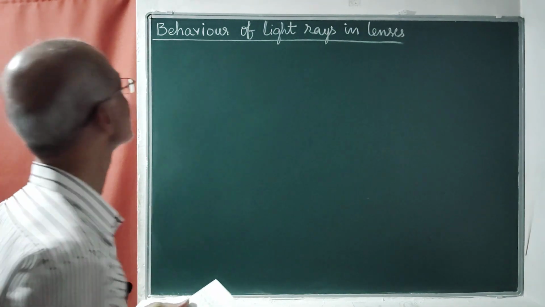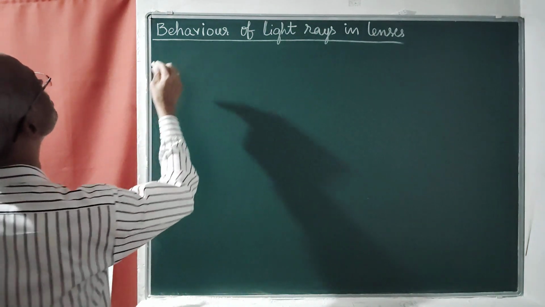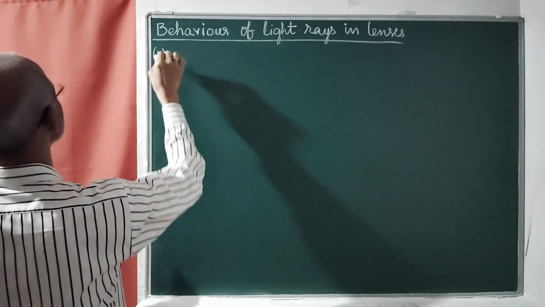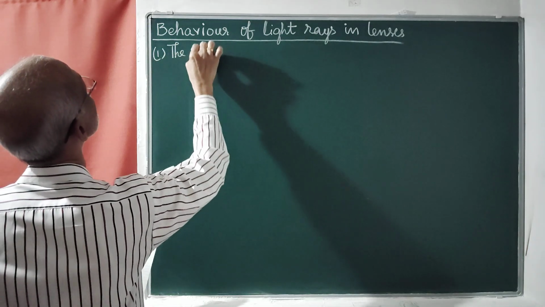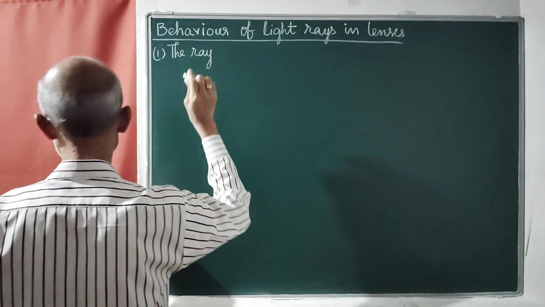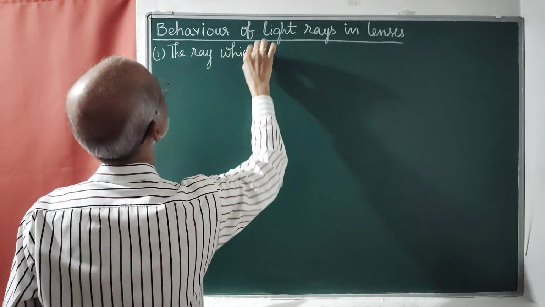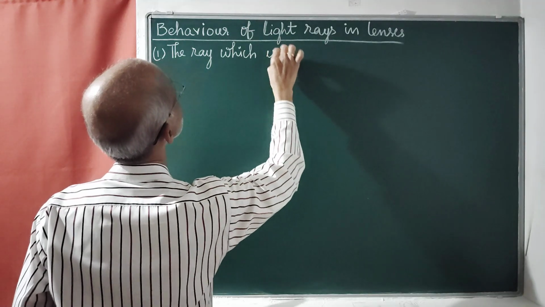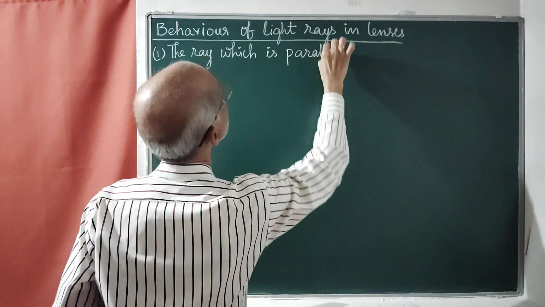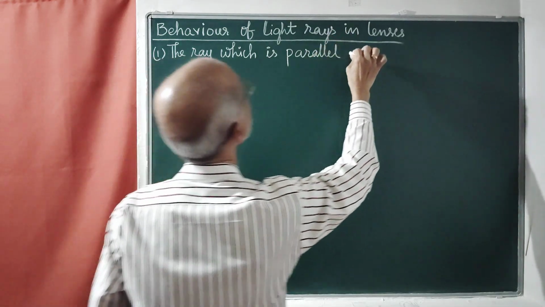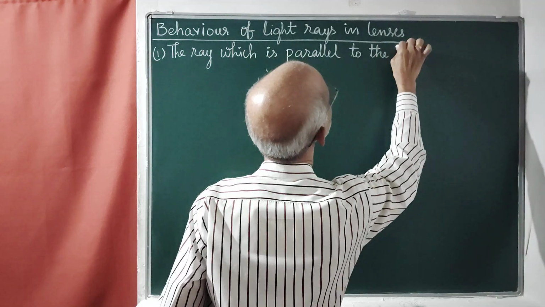Next we'll see the behavior of light rays in lenses. First one, the ray which is parallel to the principal axis.